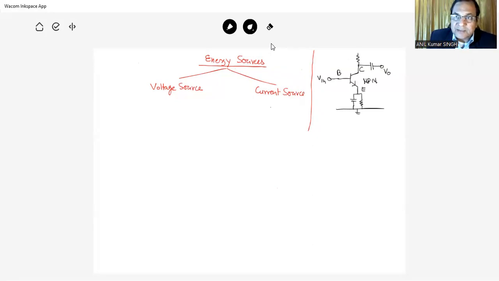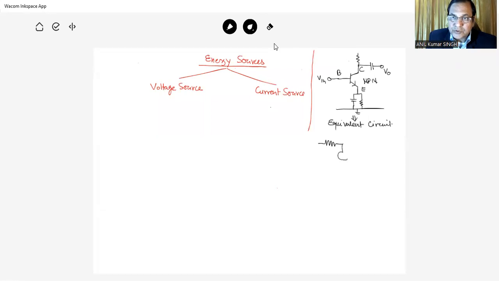So in this simple circuit, if you want to plot the equivalent circuit, the equivalent circuit of this transistor is given in this way. This is the impedance.